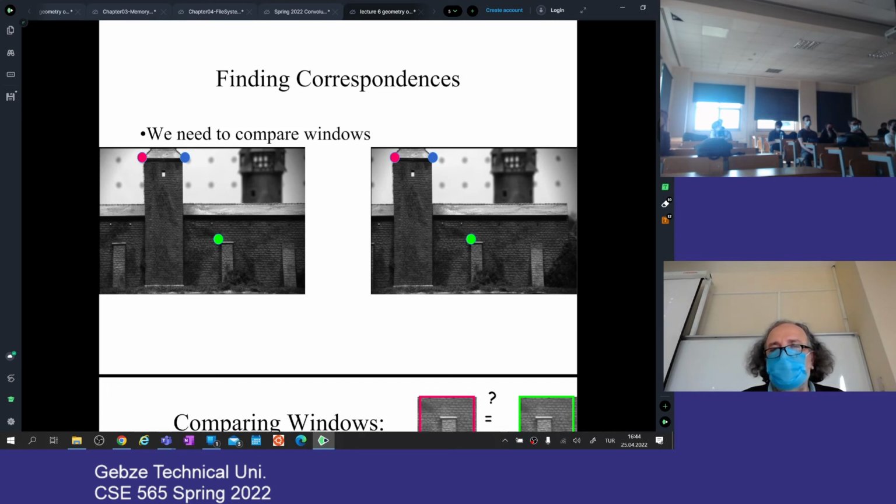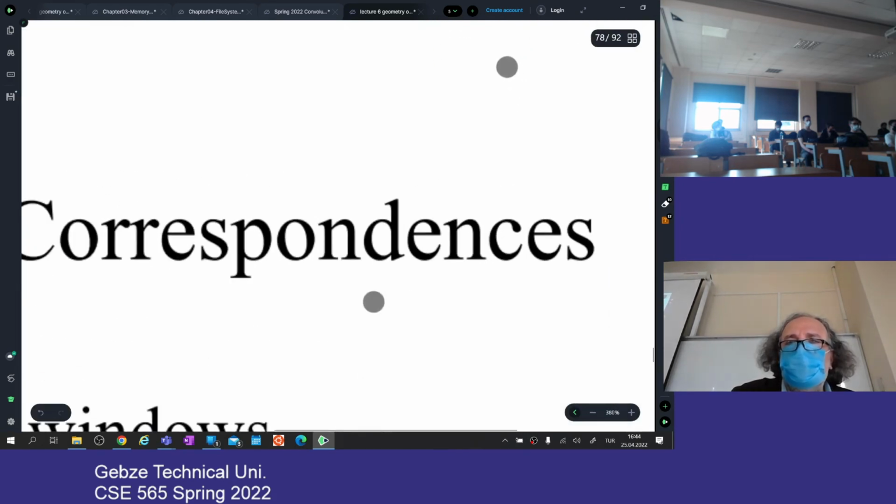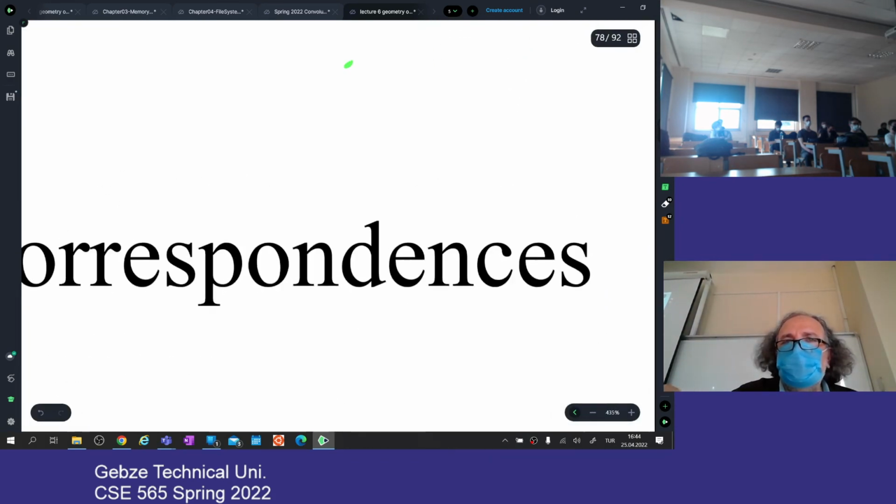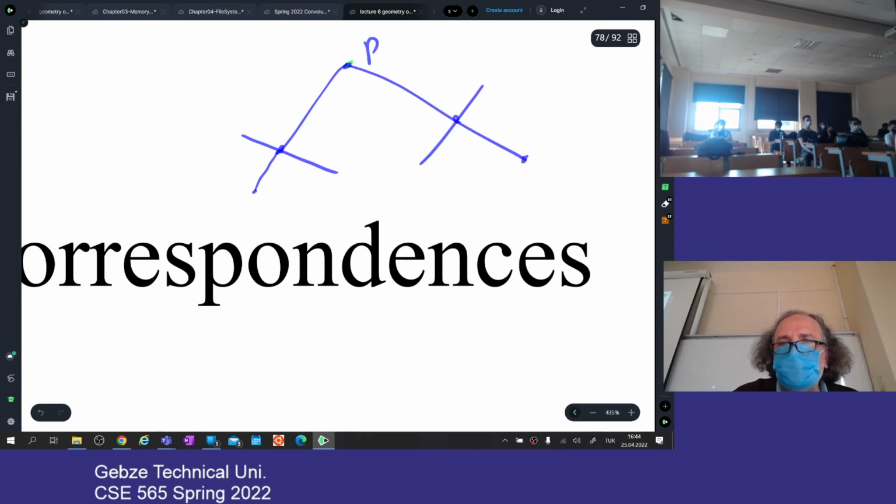From the beginning of this chapter, I kept talking about finding the correspondences, but we never looked at the details of it. Usually, if you have two cameras, let's say this is your point P, this is your camera number 1, camera number 2, this is central projection, this is PL and this is PR.